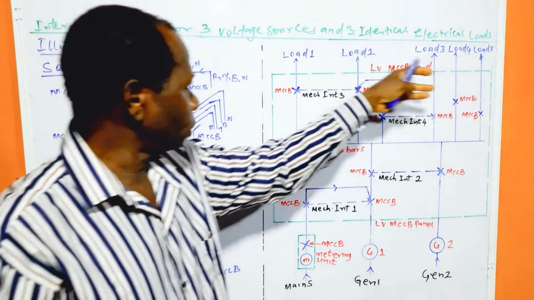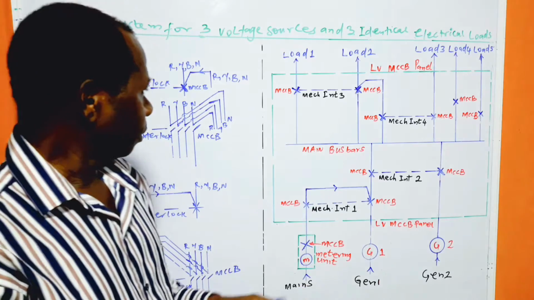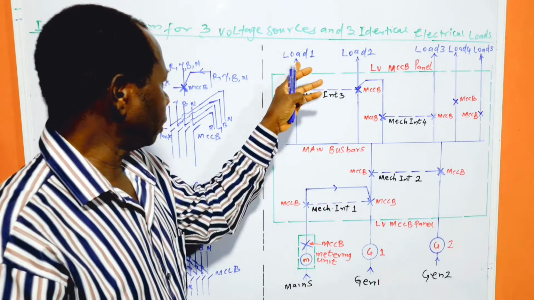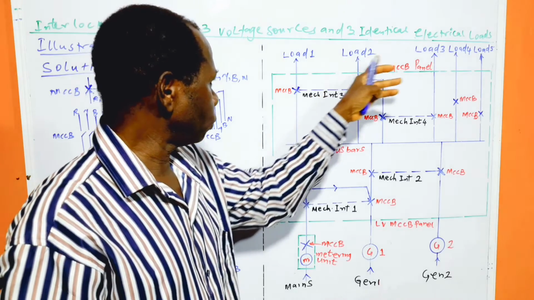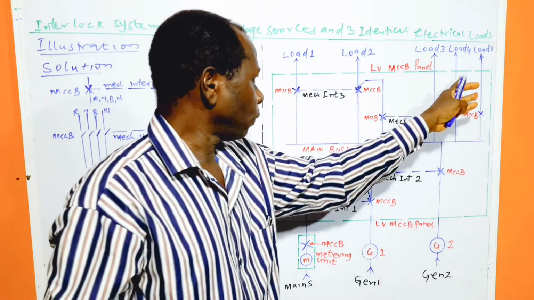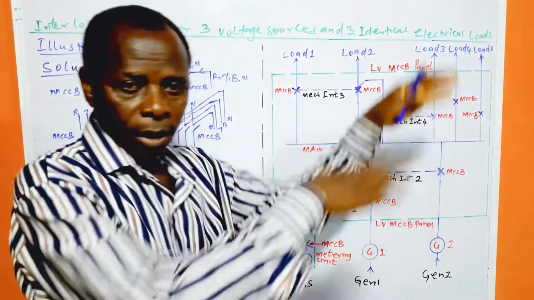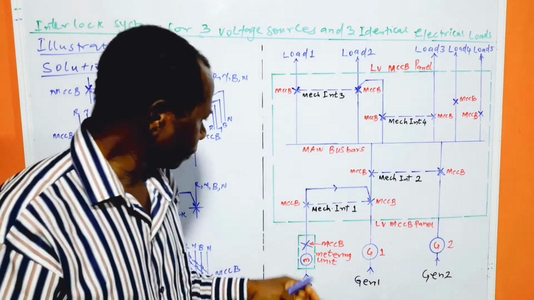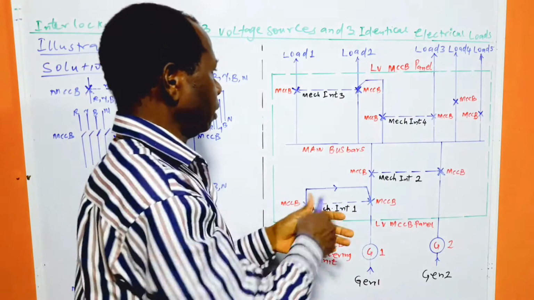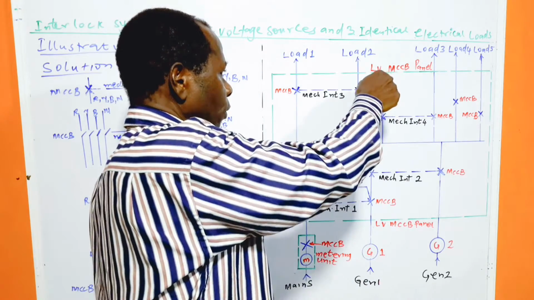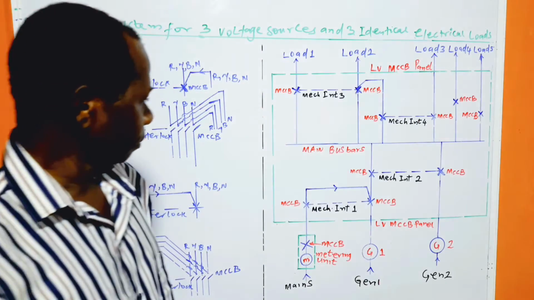Load 1, load 2, load 3, load 4, load 5. Basically, we have the 3 identical loads, being load 1, load 2, and load 3. Load 4 and 5, they are the other loads. Alright. Now, the green box represents the LV, low voltage MCCB panel.